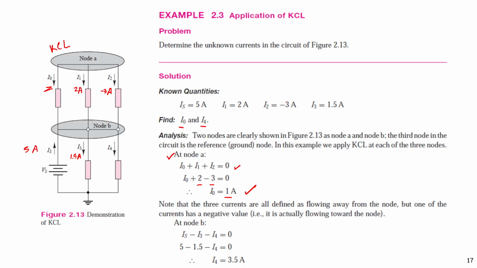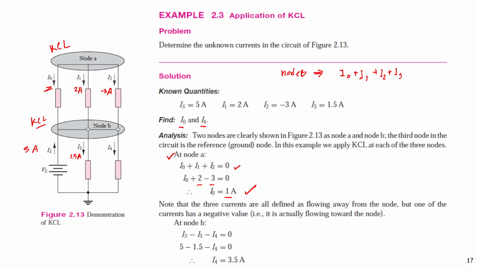Now we apply KCL at node B. In fact, for the full formula we need to use this, like I see at node B: I0 plus I1 plus I2 plus IS.